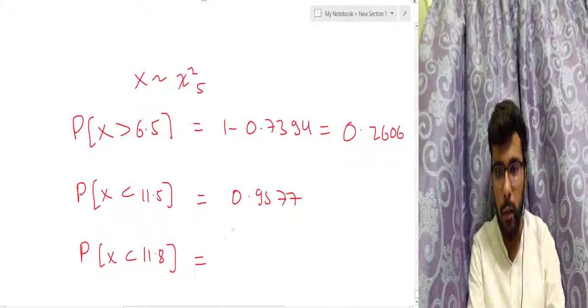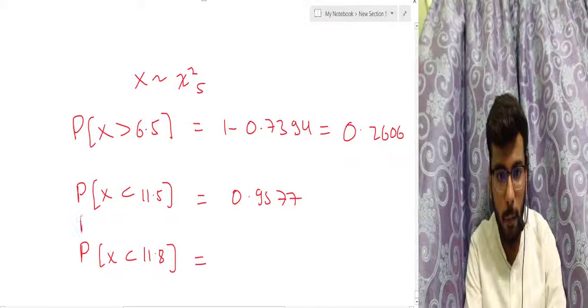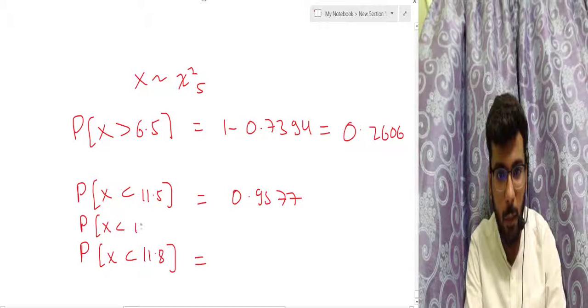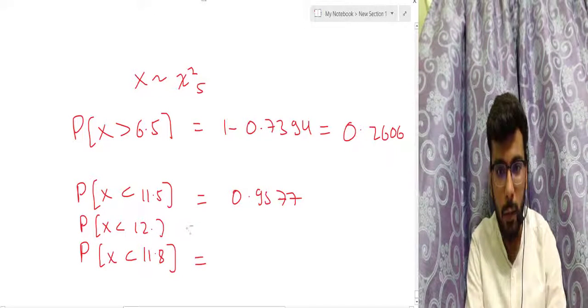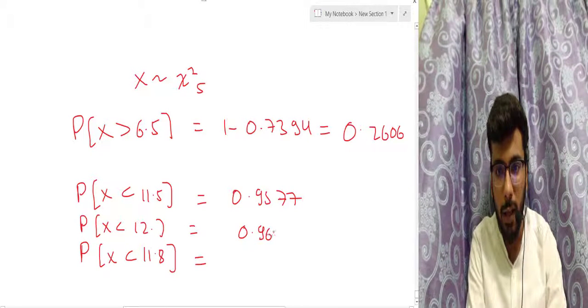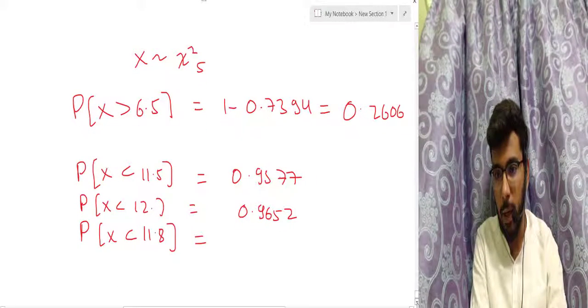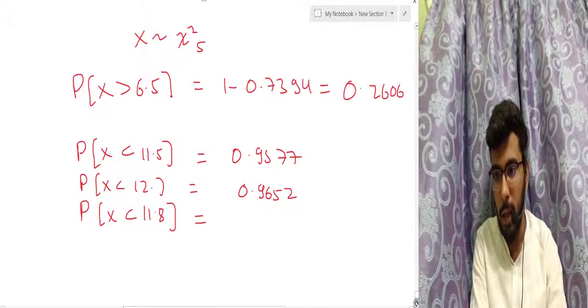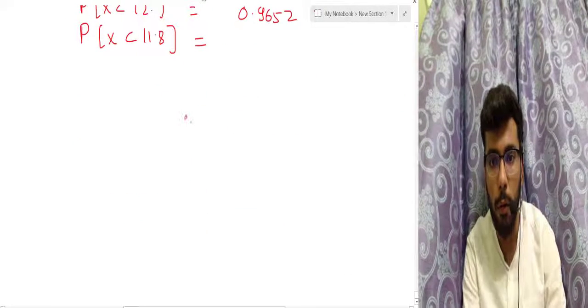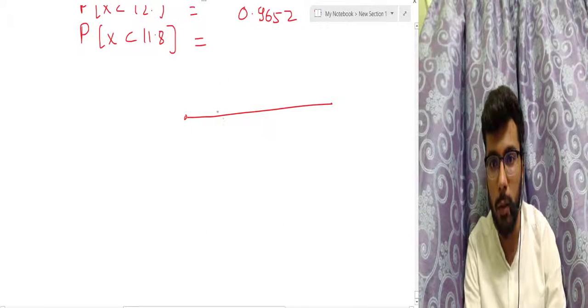So probability x is less than 12 is equal to 0.9652. Now I'm going to teach you how to interpolate. That's one important trick which comes in very handy in this subject. If you know how to do it, you can skip this part.